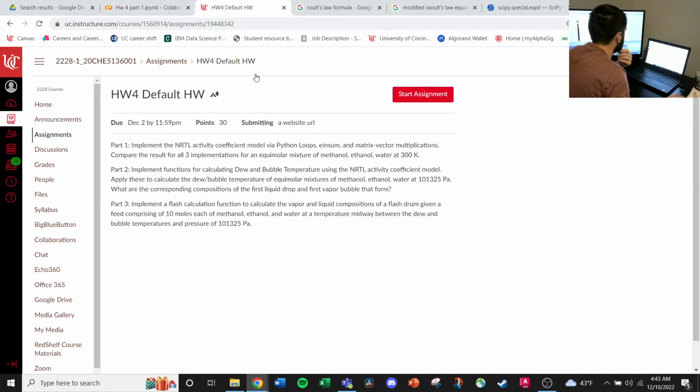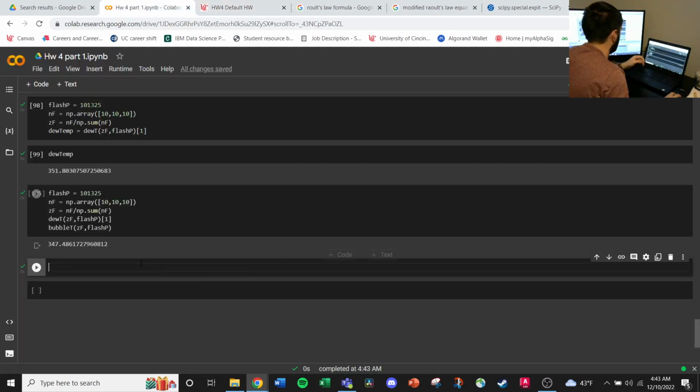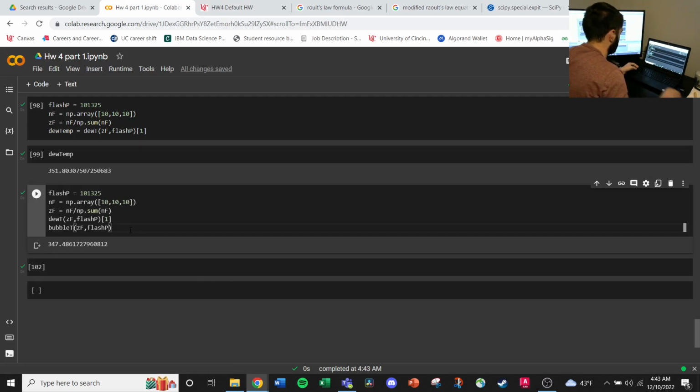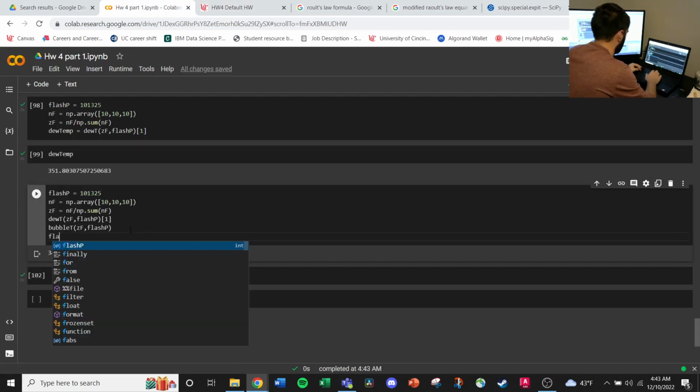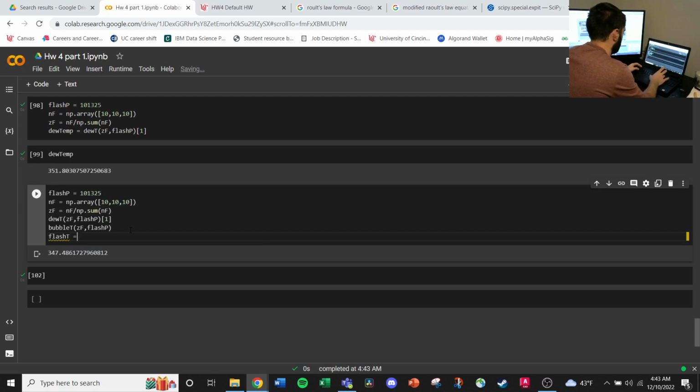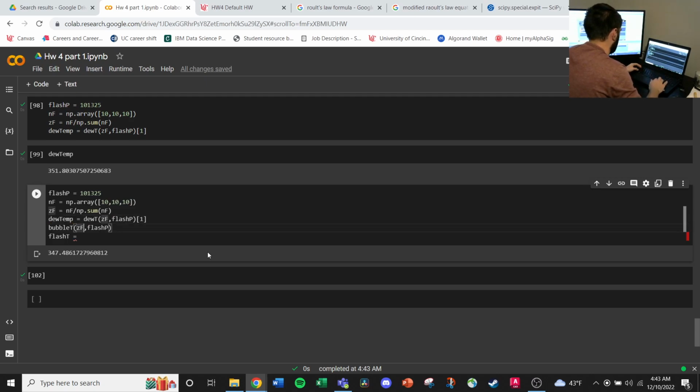And I think it's specified that the temperature comes in midway between dew and bubble temperatures. So our actual flash temperature, we'll call it flash T, is equal to, we're going to name these as variables, dew temp and B temp.